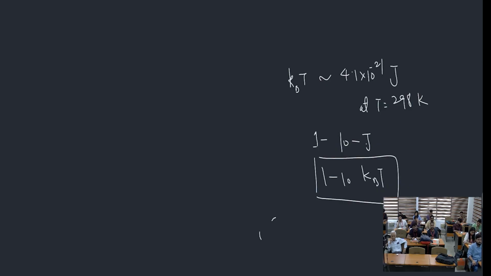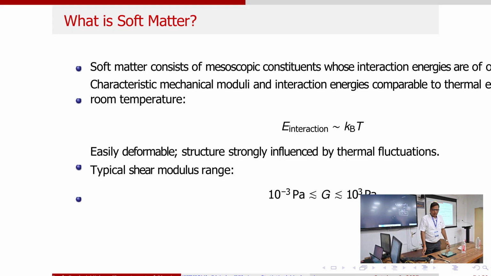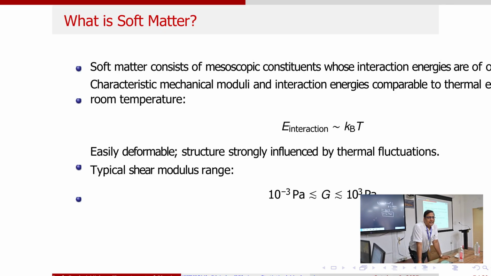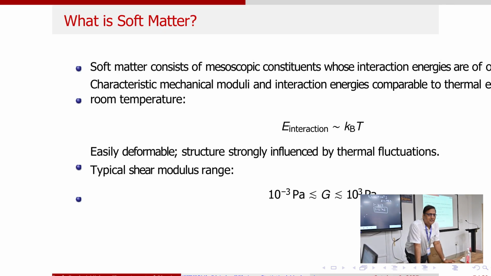The average energy which is required to deform a soft matter is of the order of 1 to 10 kBT. So the point is that if the energy required to modify the shape of an object is in the unit of kBT, or in some lumps of kBT, then thermal energy will be sufficient to disturb the shape or structure of a material, and then the material is called soft.